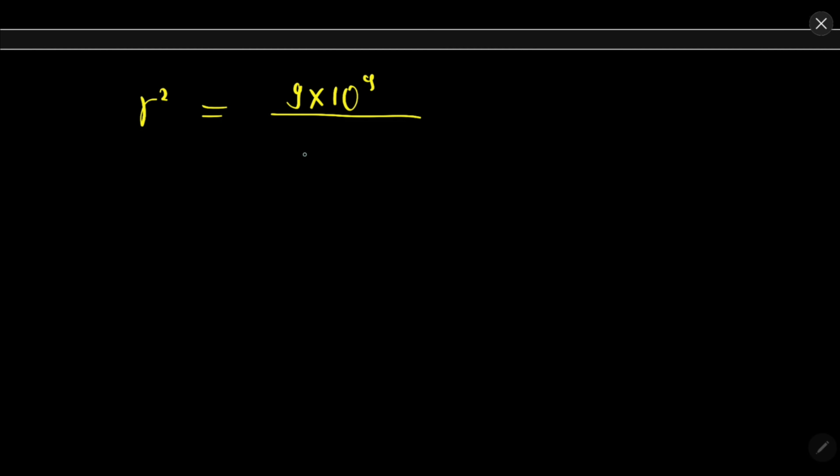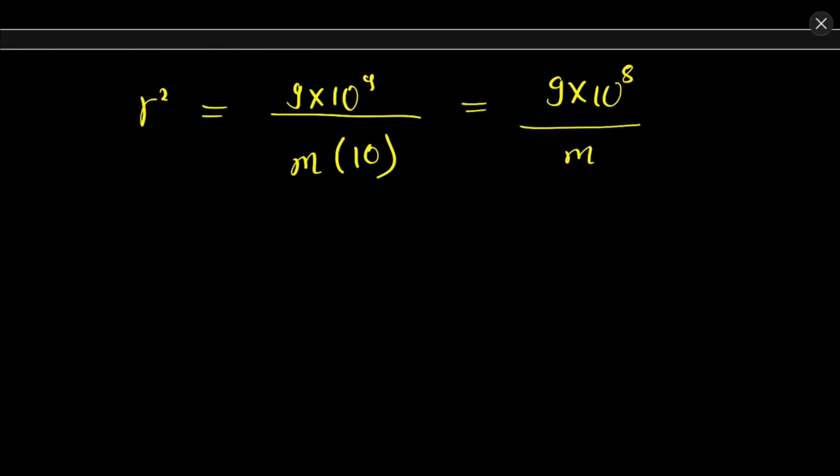So r square will be equal to 9 into 10 to the power 9 upon mg. Let's take g to be 10. So 9 into 10 to the power 8 upon m. Now you can take any mass because they are asking you to take your own mass. Let's say you are approximately 64 kg.